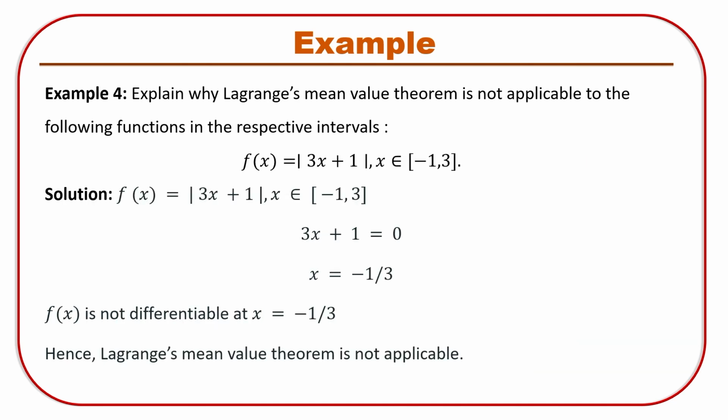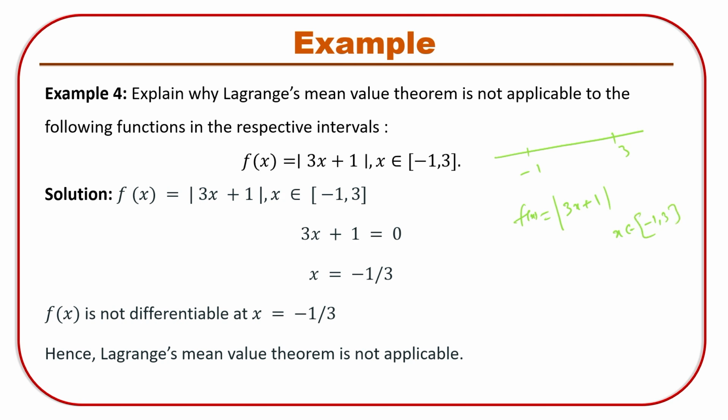Now explain why Lagrange's theorem is not applicable to the following function in the respective interval. So here the interval is given as -1 to 3, and the function f(x) is given as |3x + 1|, where x belongs to [-1, 3].